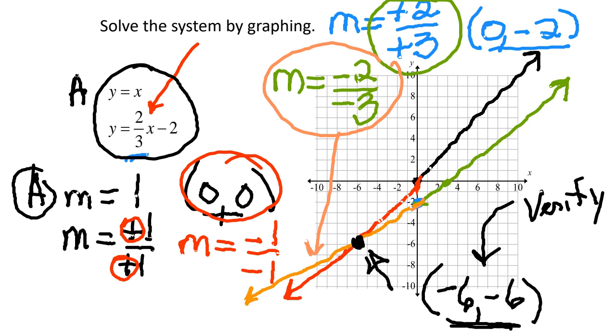That's why we can find the intersection very easily. Now, if you need, blow up the graph so that you can find this negative 6, negative 6 a lot easier. Use the little circle with the plus inside so that you can more easily find the intersection.